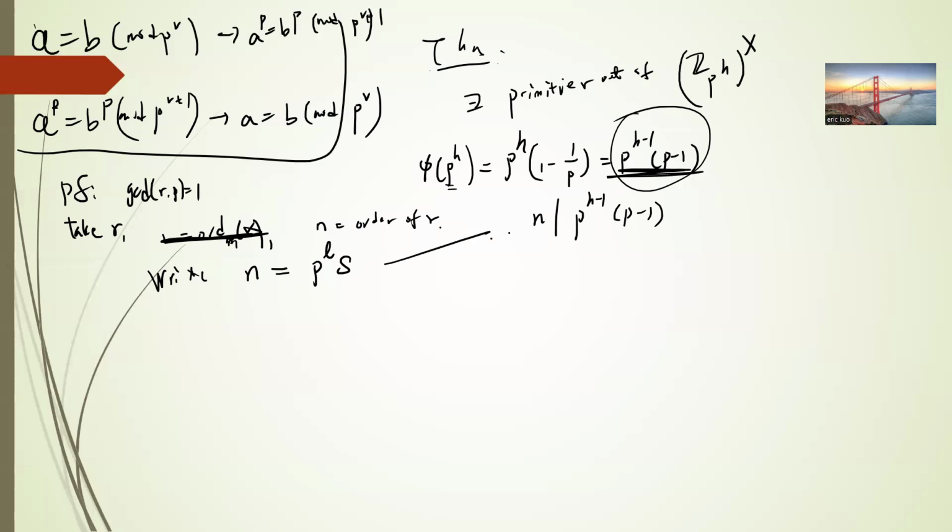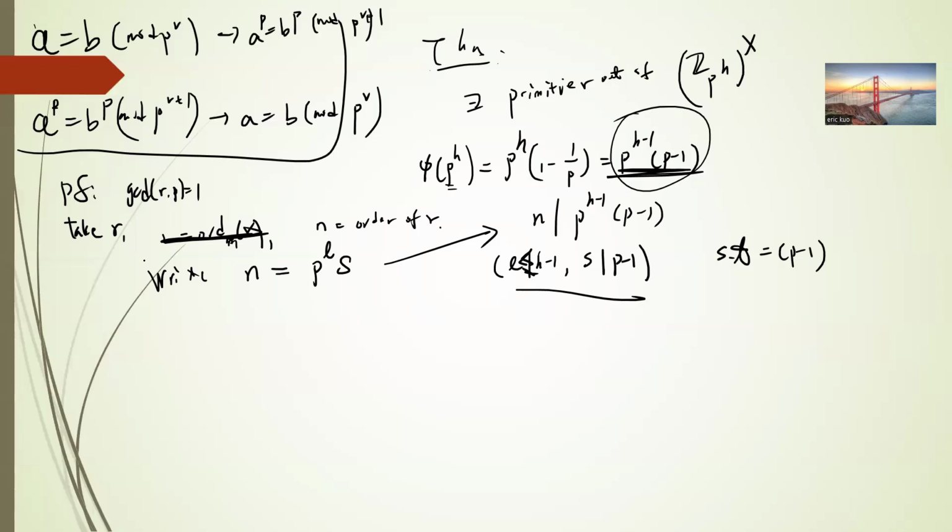Since n divides this, l is less than or equal to h minus 1, and s divides p minus 1. Let's say s times t is p minus 1. So t is just a divisor, it's not important.